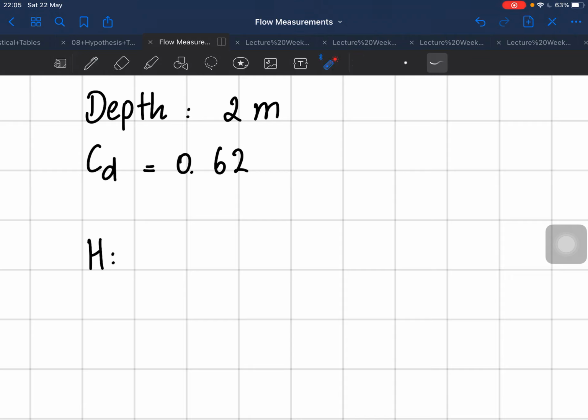Okay, so when there's water coming like this, there's a part here, a little bit part here. It's called the sill of the weir. So that's what they're asking. Okay, so now let's find the discharge over the weir. So this is the height.